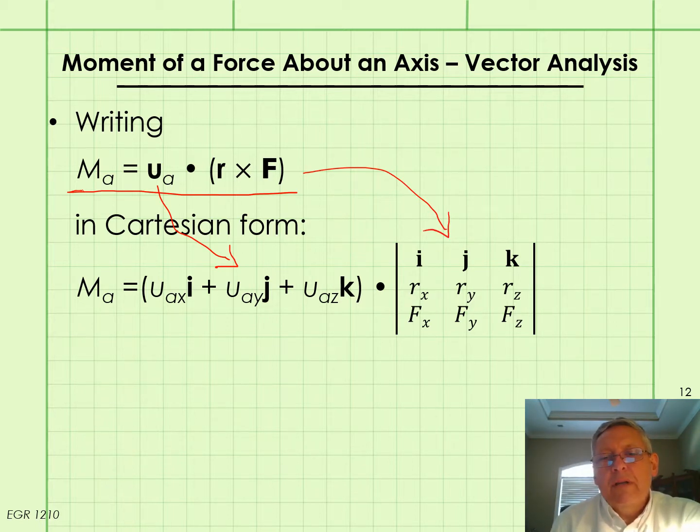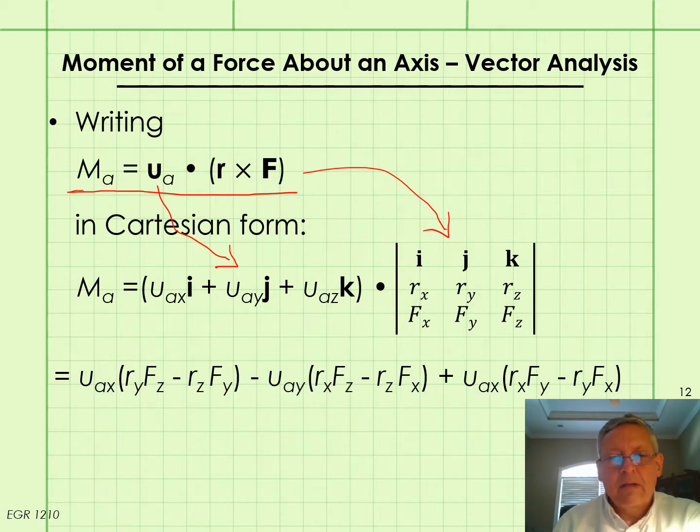And if we perform those calculations, the result is this long expression here. And remember that all this is going to simplify down to a single number. It's a scalar, and the number may be positive or negative.